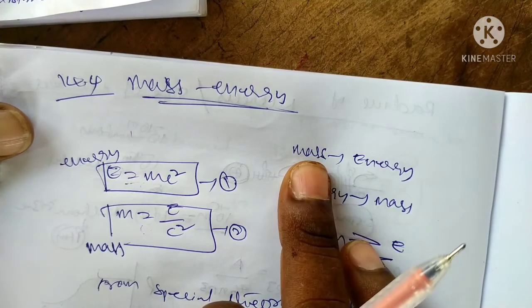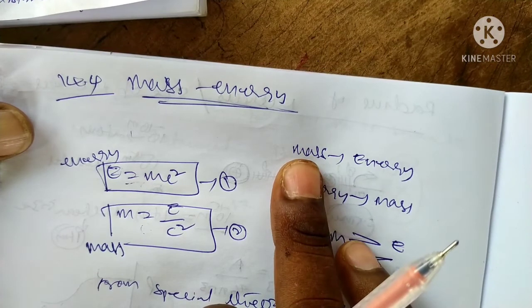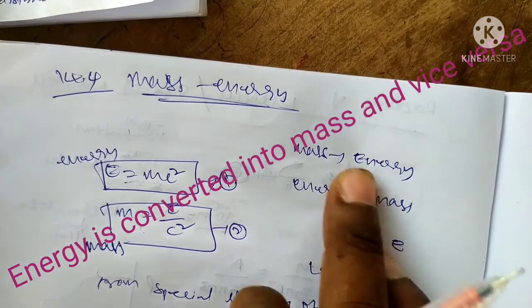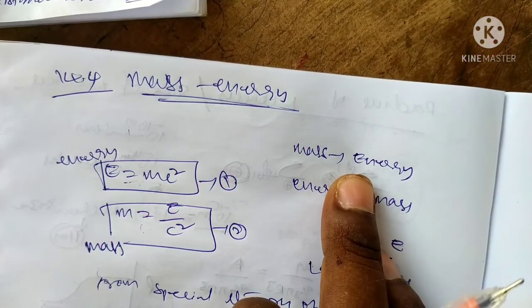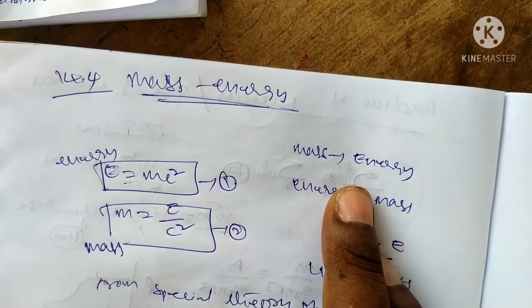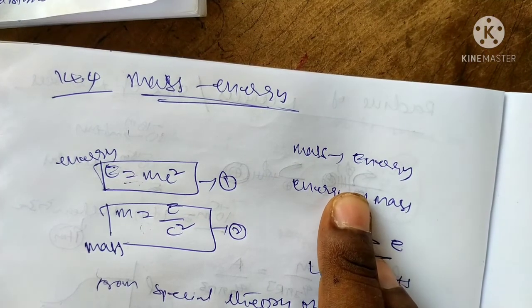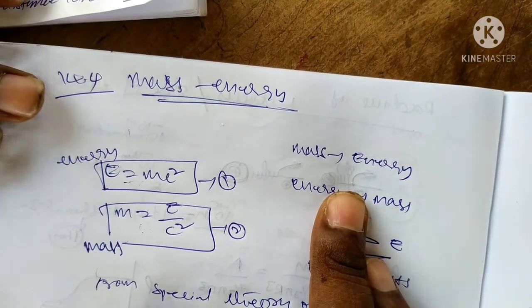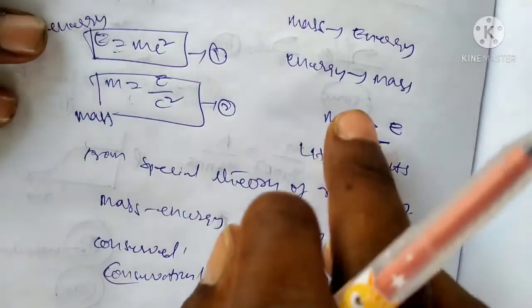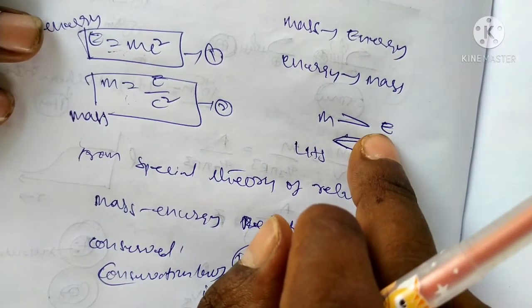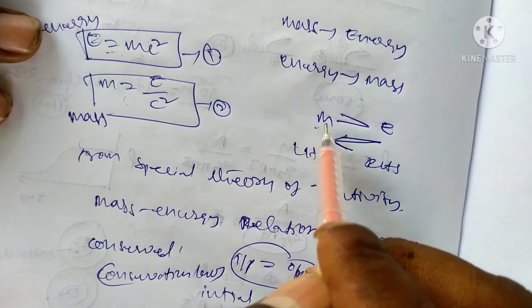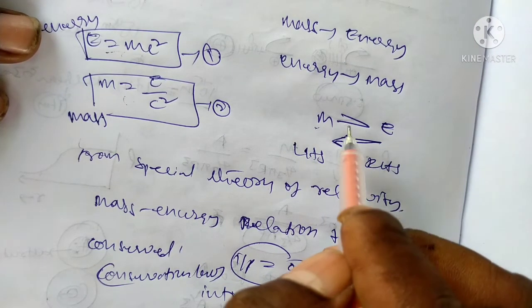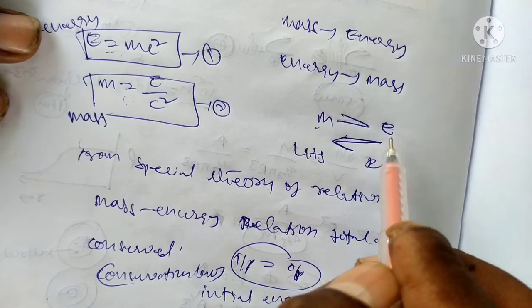Mass is converted into energy, and energy is converted into mass. That is the mass energy relation from the special theory of relativity by the scientist Albert Einstein.